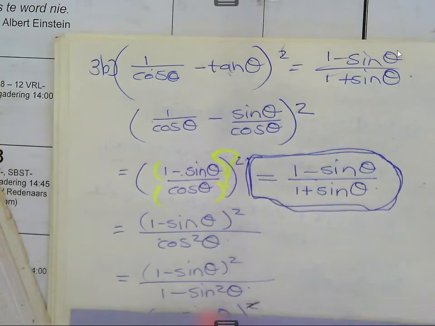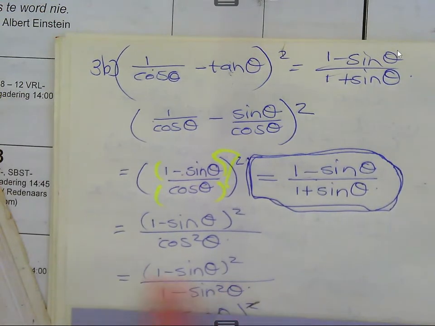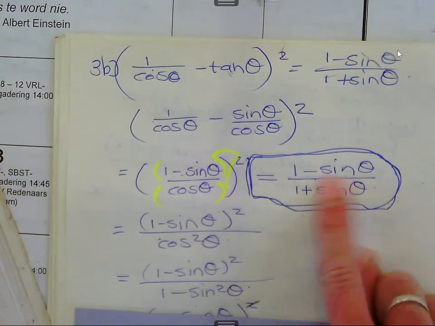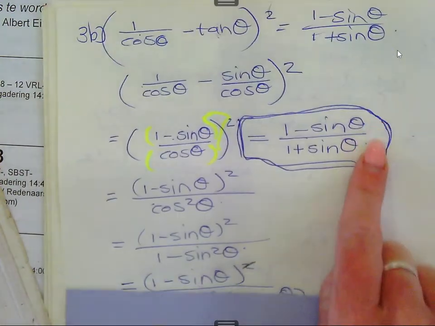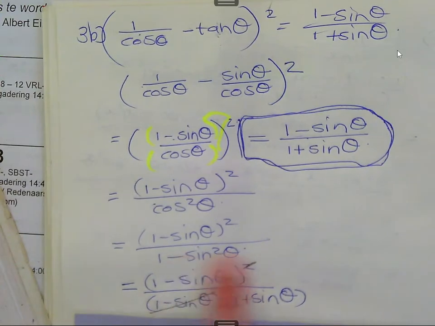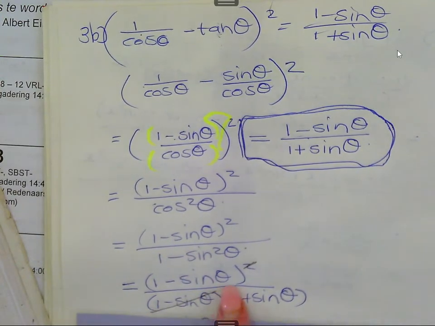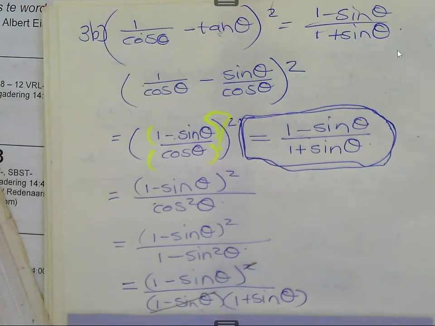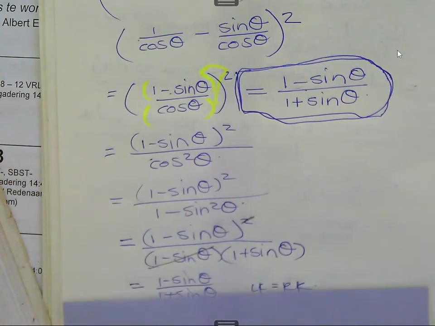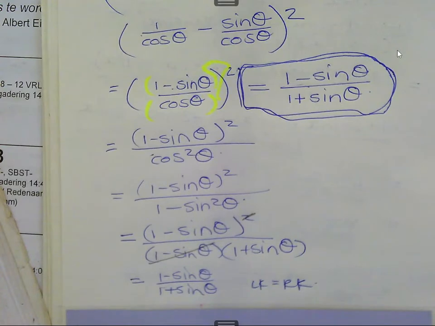Okay? So I change it to 1 minus sin squared theta. That one I leave as it is because I want the numerator to be 1 minus sin theta. And then I factorize the difference of two squares and I cancel the 1 minus sin with one of the 1 minus sin brackets at the top. And then my answer is the same as the right hand side.